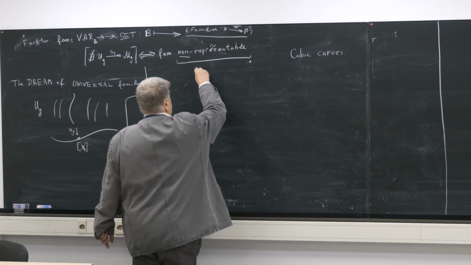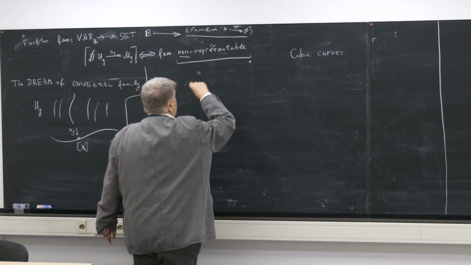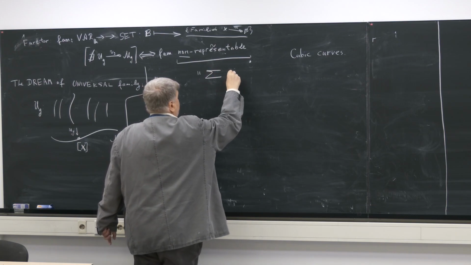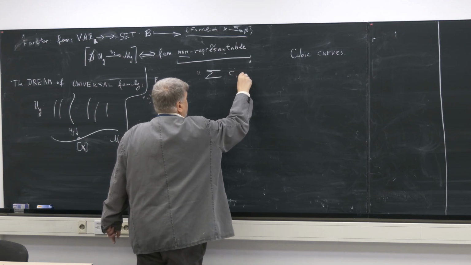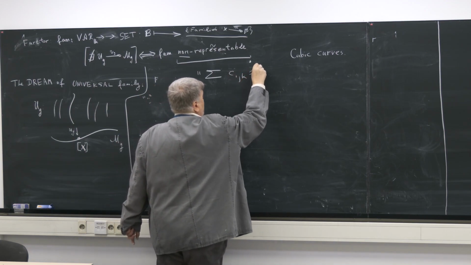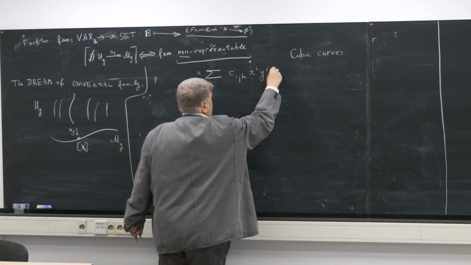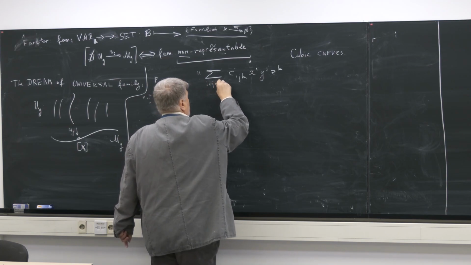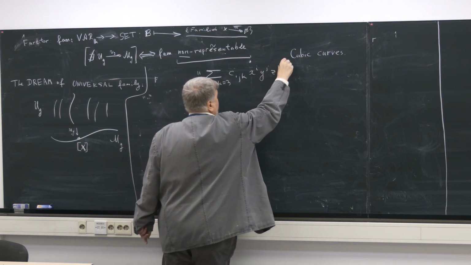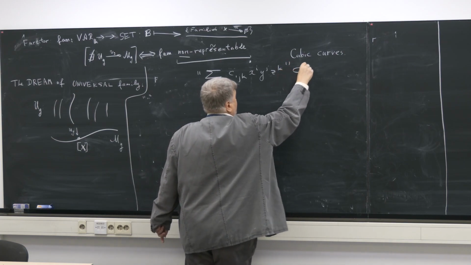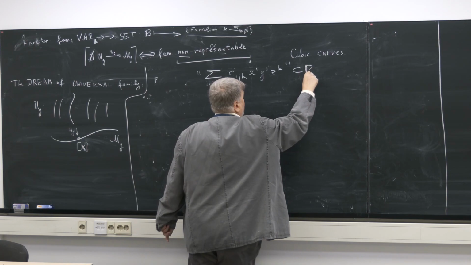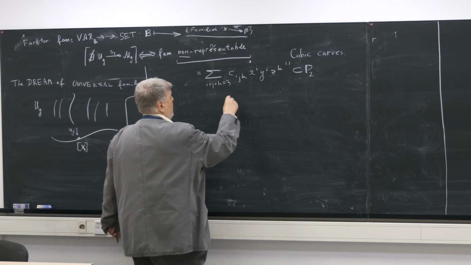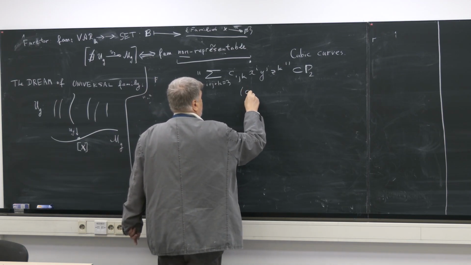So, in the homogeneous form, the equation would be the sum of c_ijk x^i y^j z^k, where i plus j plus k is 3, in P^2, with the only restriction that say c_003 is nonzero.